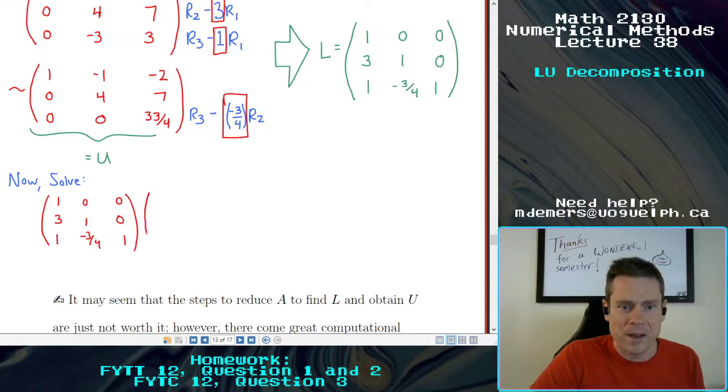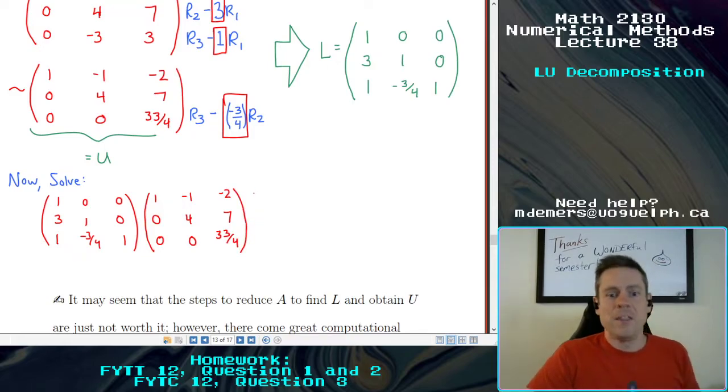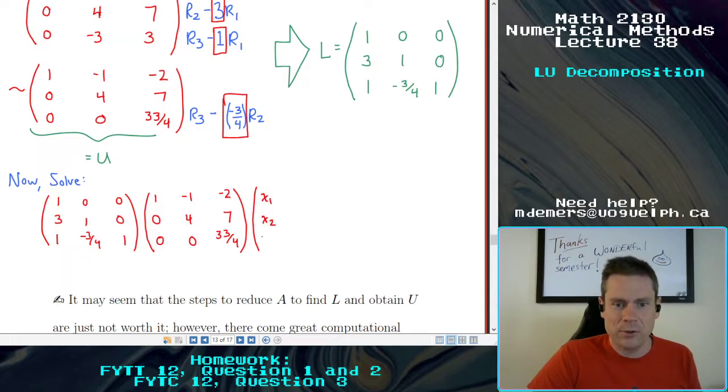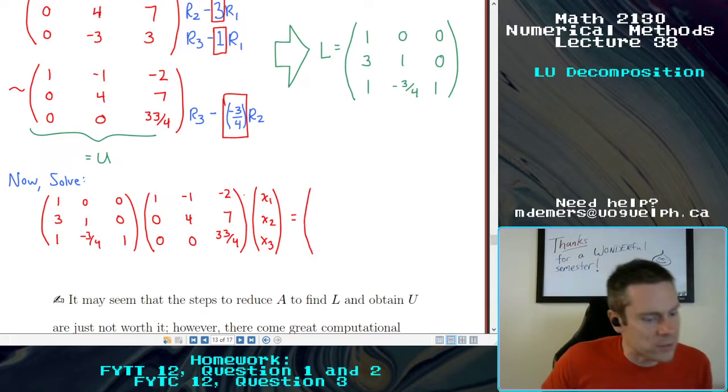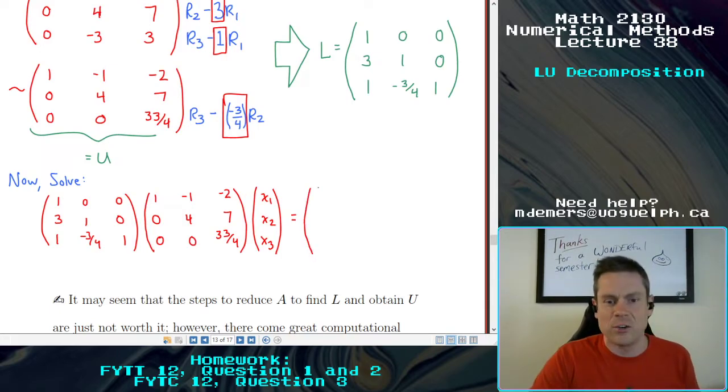The U we found was right here, 1, negative 1, negative 2, 0, 4, 7, 0, 0, 33/4. This is going to be multiplied by x1, x2, x3. And the original vector that we had was negative 7, 14, and 25, if we look back to the last page.